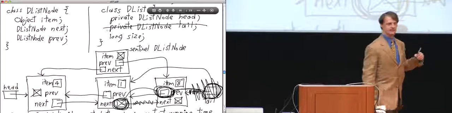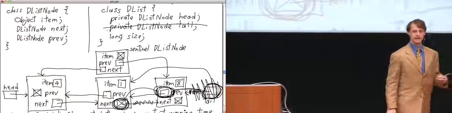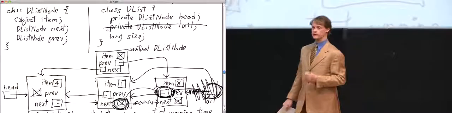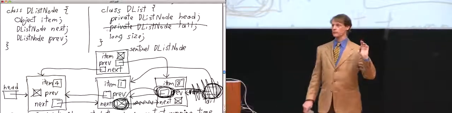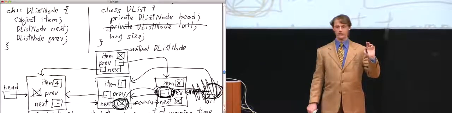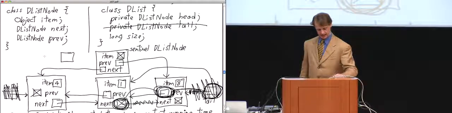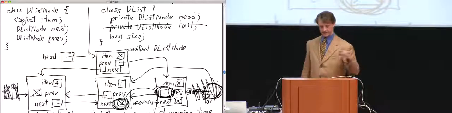So our D-list class with sentinel does not have a tail. The D-list class will still have a reference called head, but that no longer points to the first node in the list. Instead, it points to the sentinel. So in this representation, head does not mean the first item, head means the sentinel.